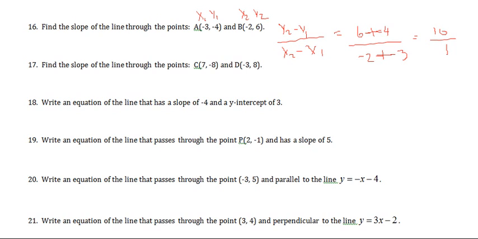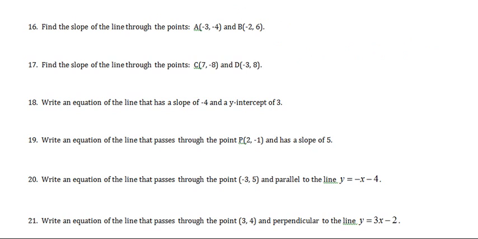Okay. Next one, we're doing the same exact thing that we have right here. x1, y1, x2, y2. Again, I'd write my equation because I don't want to plug things in the wrong spot.